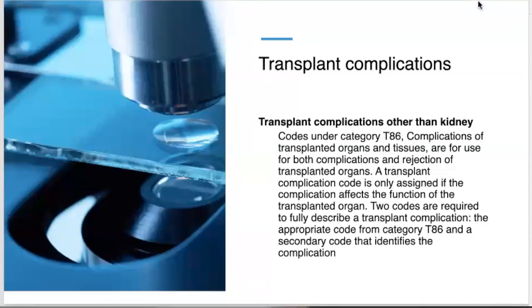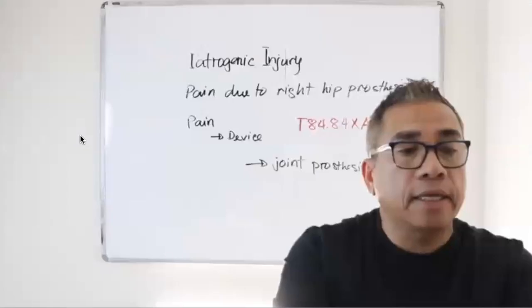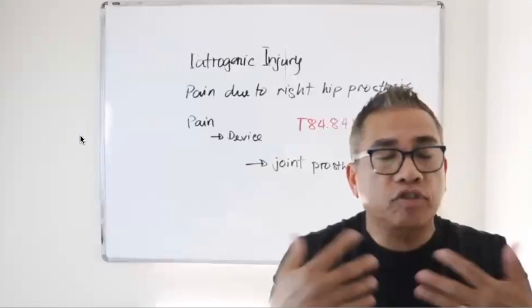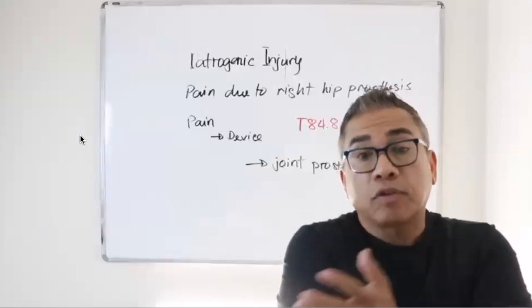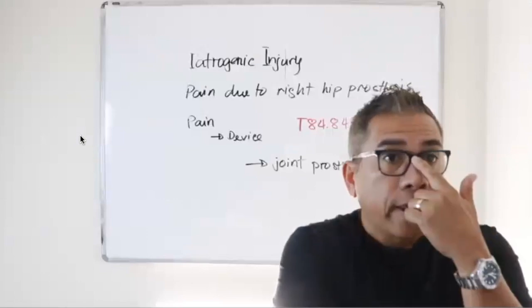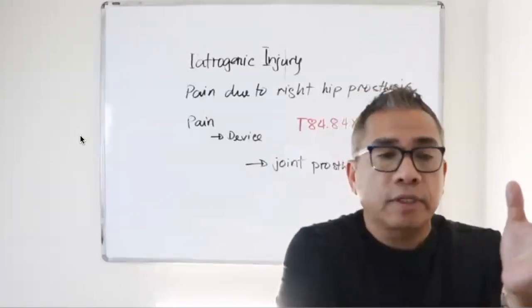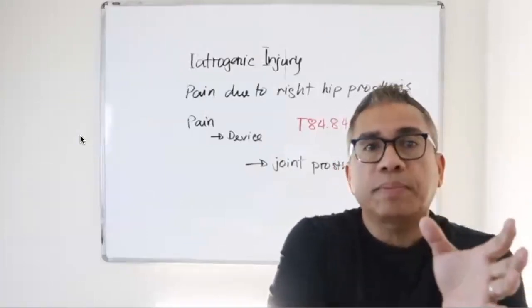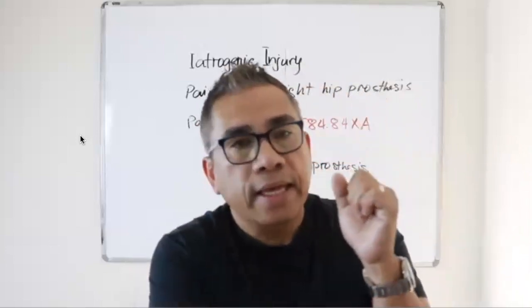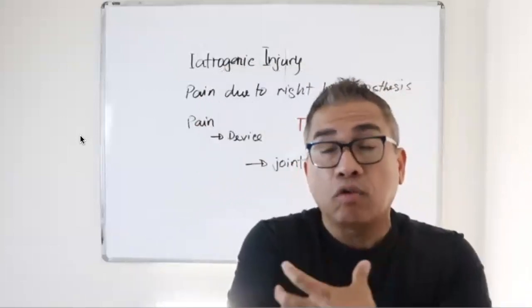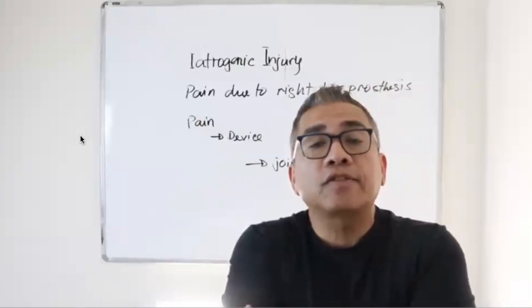Okay, so if there was some kind of rejection of the organ, okay, and of course, if a patient had a transplant procedure status post or from the past, and for unfortunate reason, the newly transplanted organ is being rejected by the host, by the body, then it is considered as a complication.